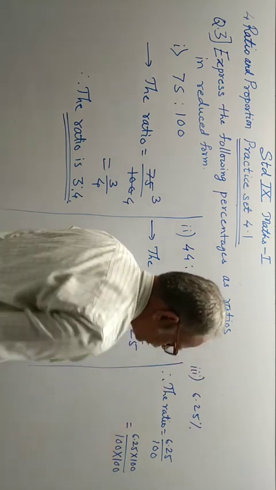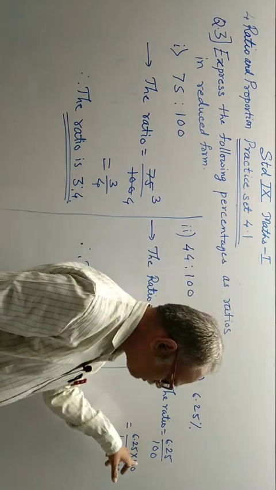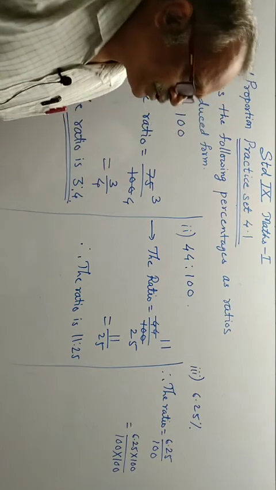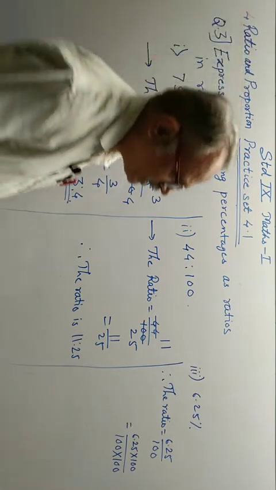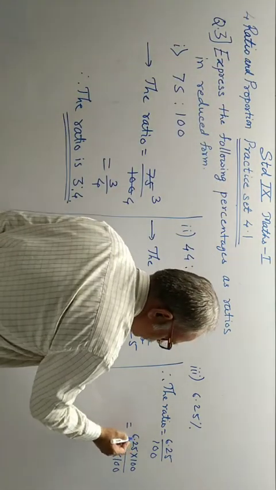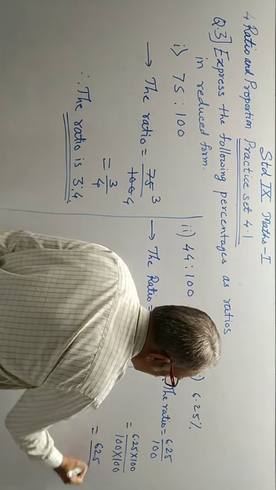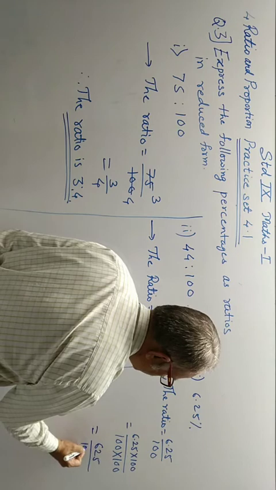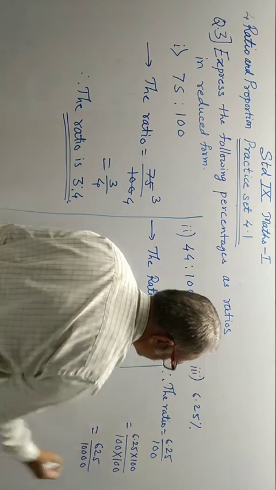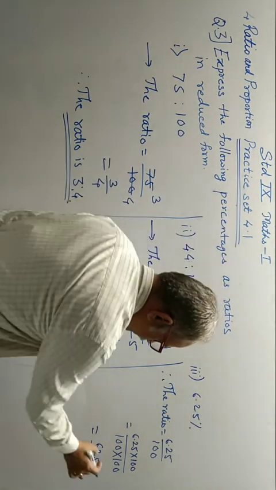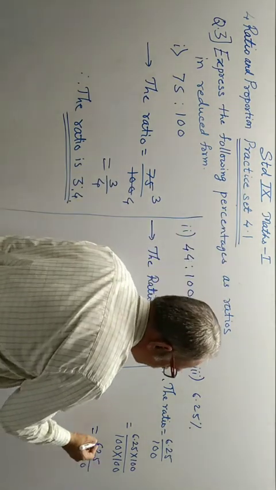What is done? Purposely we multiply numerator and denominator by 100. Why? To remove these decimals. So 6.25 into 100 will come 625, upon 100 into 100 will be 10,000. Now cancel. Ending with 25, 00 means in the table of 25.